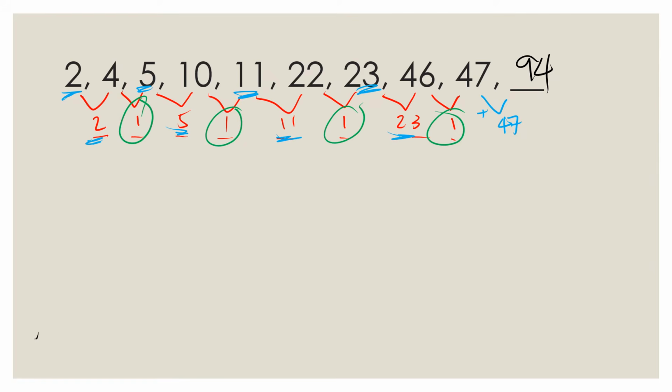Now you can also look at it by doing progressions. Moving from 2 to 4, you need to multiply by 2. Going from 4 to 5, you just add 1. From 5 to 10, you do times 2. From 10 to 11, you do plus 1. 11 to 22 is times 2. 22 to 23 is plus 1. 23 to 46 again is times 2.